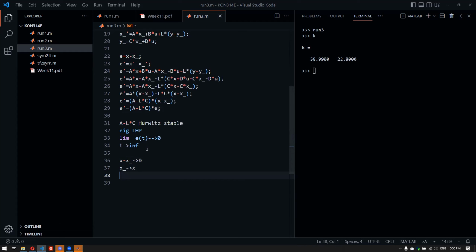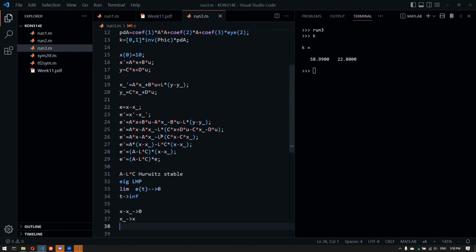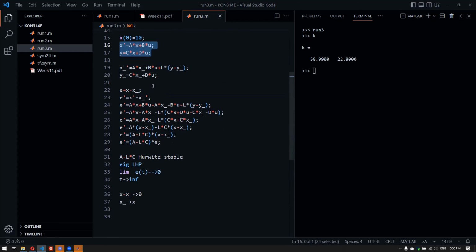So we need to choose this gain L, or matrix L, in such a way that A minus LC is going to be stable. If that's the case, then the error dynamics, or the difference between two linear systems that kind of have the same dynamics because we have copied it, should basically give us the actual system states.